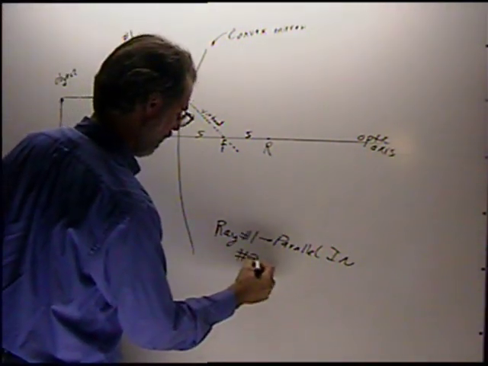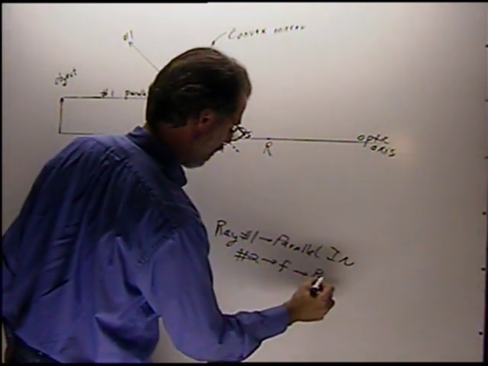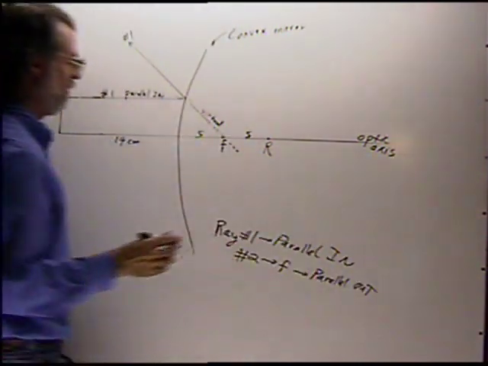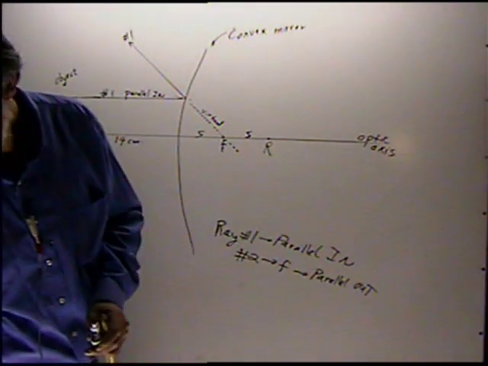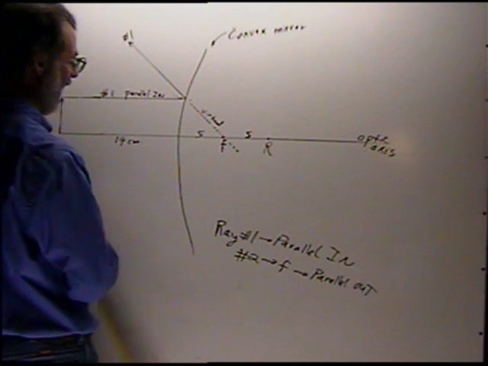Number 2 is through F, and then it's parallel out. Okay, how do we go through F?